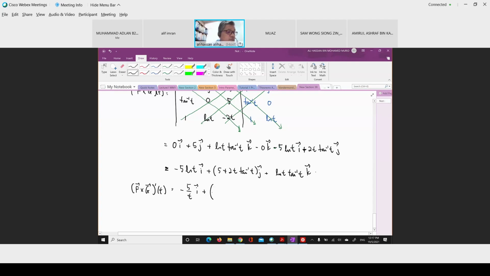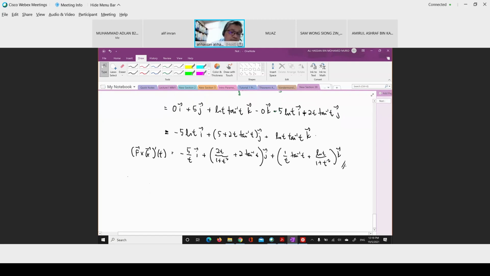It is equal to 2t over 1 plus t squared plus 2 the inverse tangent of t j. Next we have 1 over t, apply the product rule again, plus ln t over 1 plus t squared. Okay, so that is the derivative of f cross g.